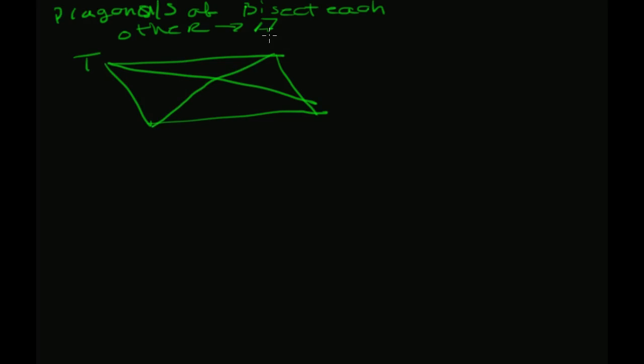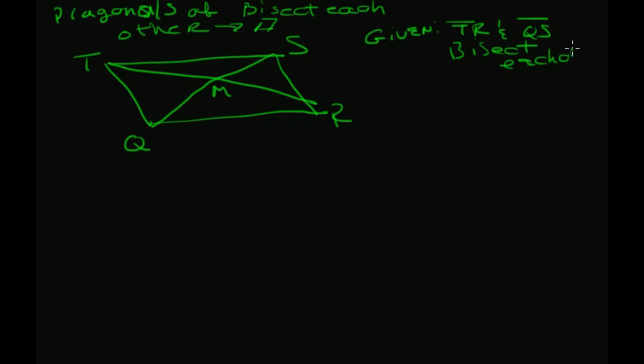So we're going to call this T, S, R, Q. We're going to call that point M, and we're going to be given that TR and QS bisect each other. And we want to prove that that means that QRST is a parallelogram.